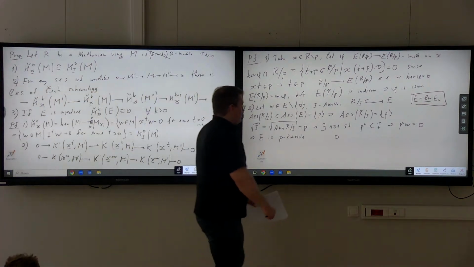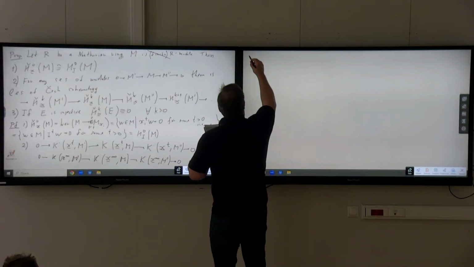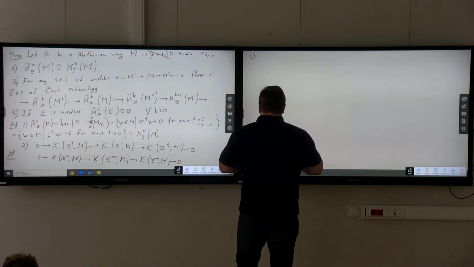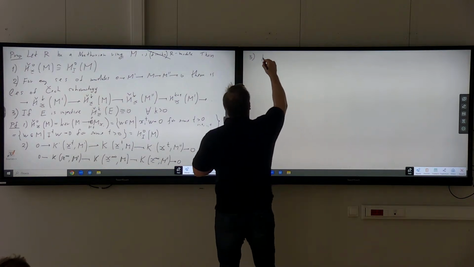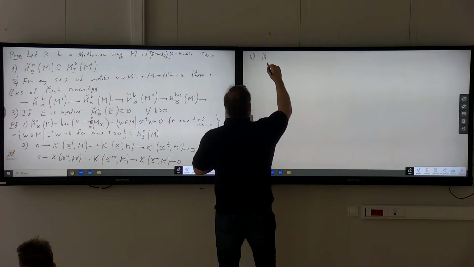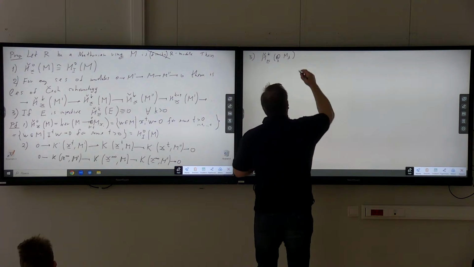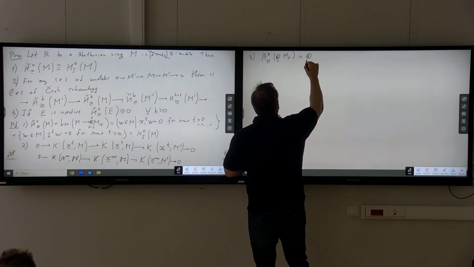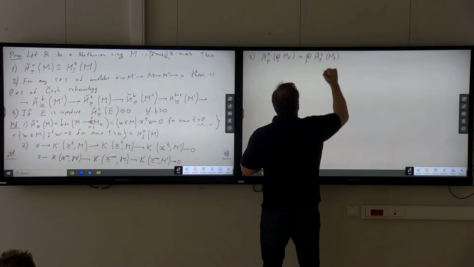Now we need to do part 3. Well, if you look again at the definition of the Čech cohomology, you can see that if you apply Čech cohomology to a direct sum of modules, then this will be the direct sum of the corresponding cohomology.